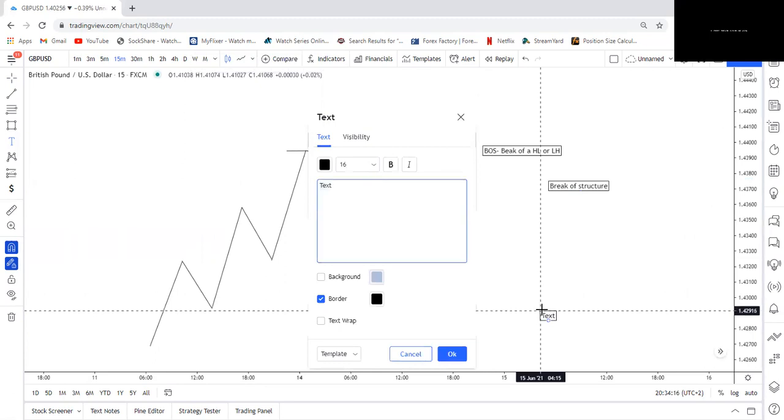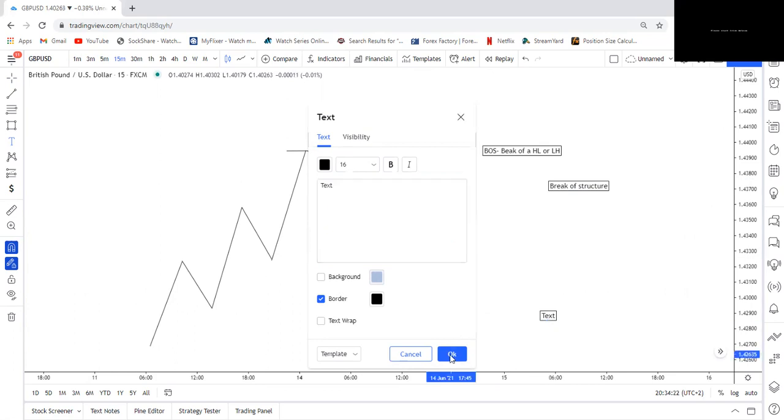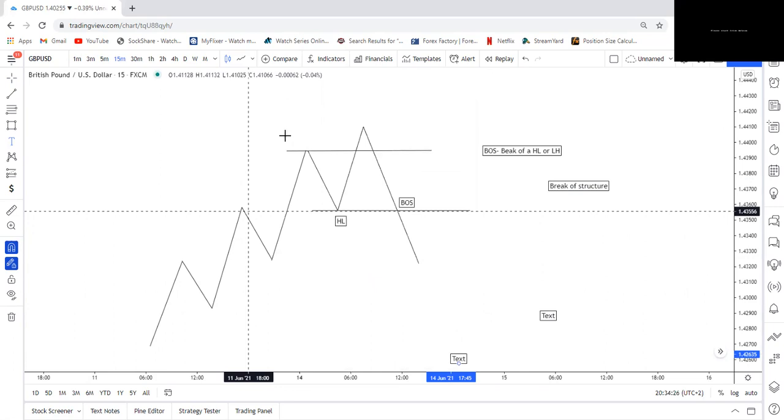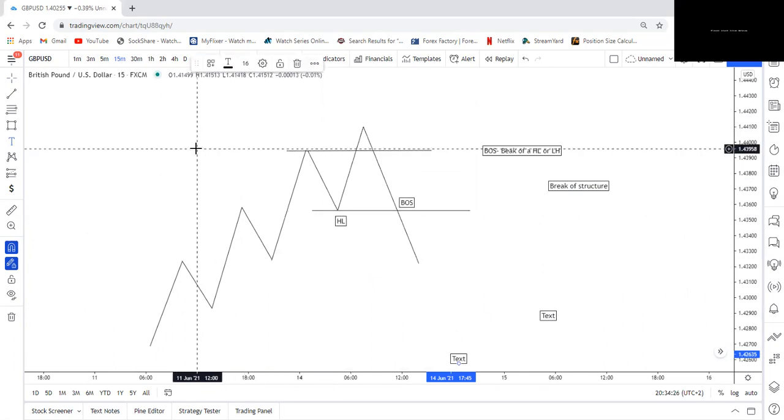As I mentioned to you guys in the previous video, explaining what structure is, you know that an uptrend is made of higher highs and higher lows.